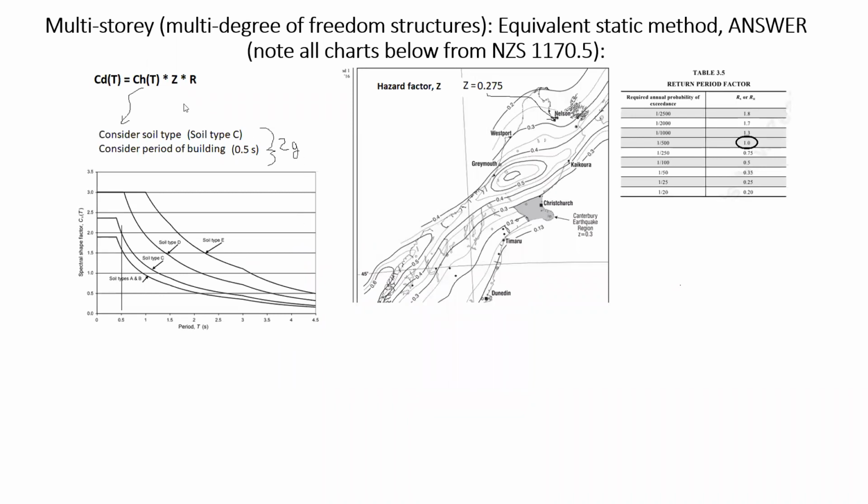We've got CD(T) times Z times R. So we consider soil type C. The period of the building is 0.5 seconds, and we get around 2G. Our site hazard factor is 0.275, and the 500-year earthquake factor is 1.